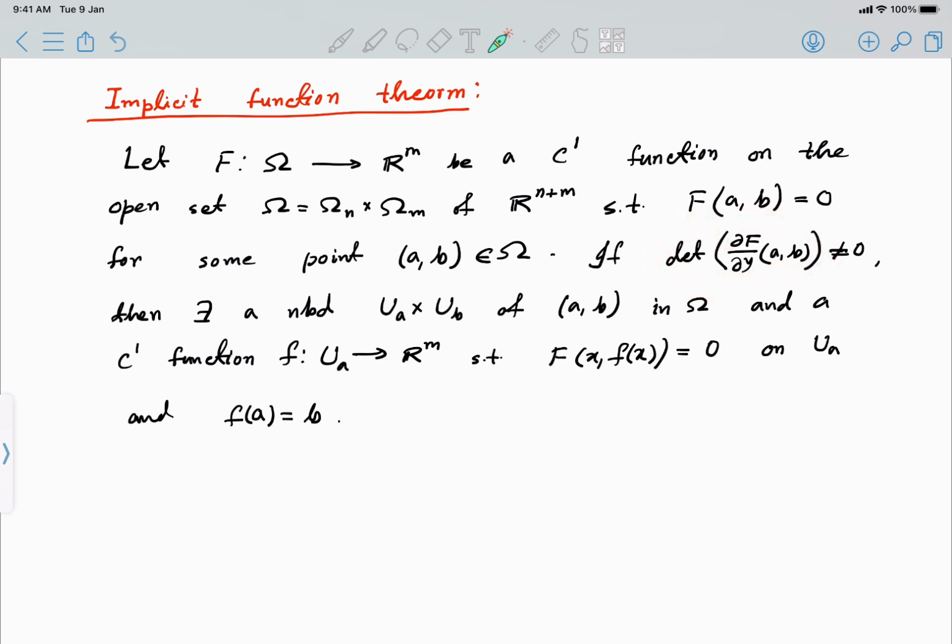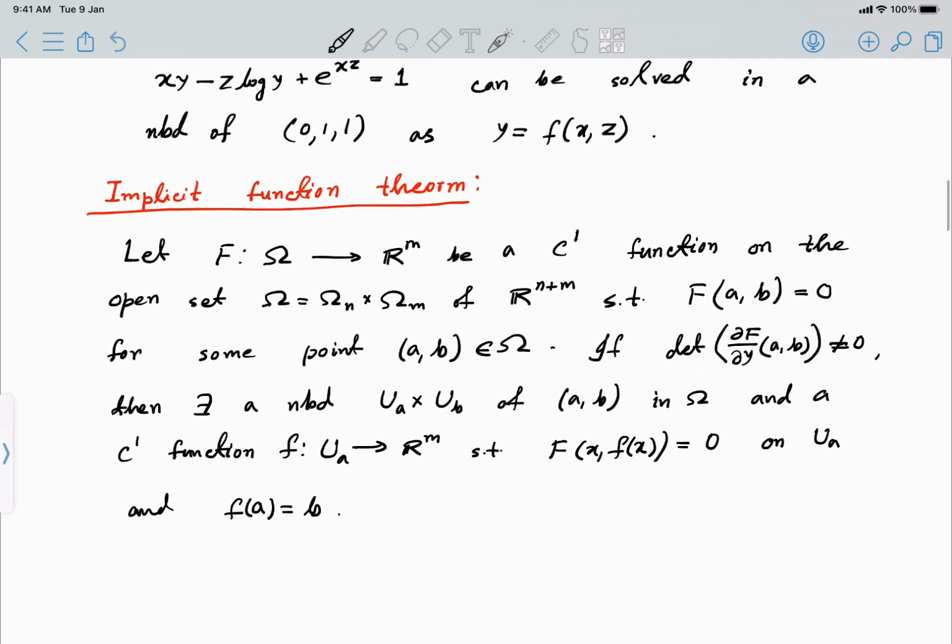If it is non-zero, then there exists a neighborhood U_a cross U_b in omega and a C1 function such that f of (x, f(x)) is 0. Means in that neighborhood where this derivative is non-zero, the second coordinate y you can write as a function of x. So whichever variable's derivative is non-zero, you can write that variable in terms of the other.